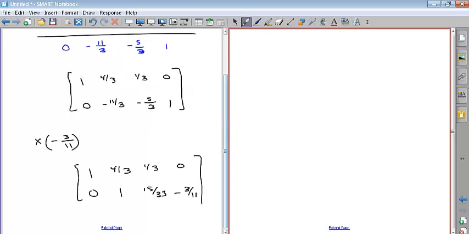Okay, next I want that to go to 0. So I'll take this row. Let me just write it down. I'm going to multiply that by -4/3. So I get 0, -4/3.